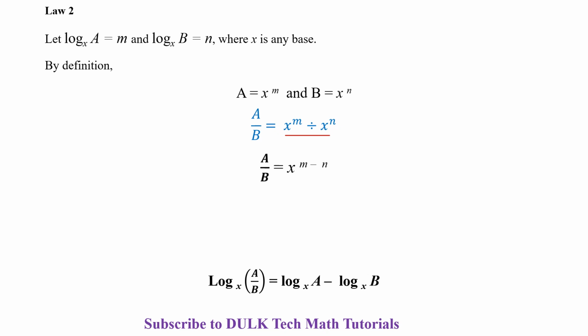Again, by the definition of logarithms, a number in index form like this one can be expressed in terms of logarithms. Right. So we are saying this one is exactly the same as log a over b base x, which is equal to m minus n, like this, by the definition of logarithms.